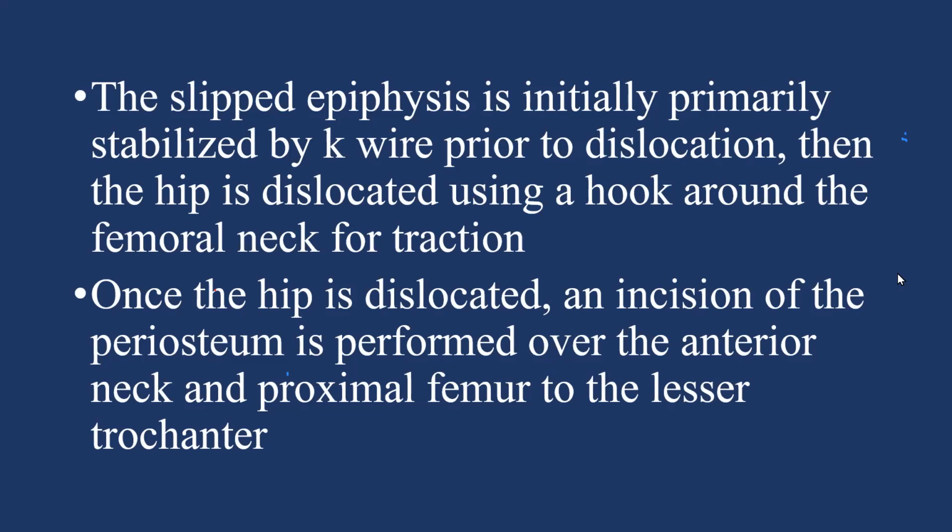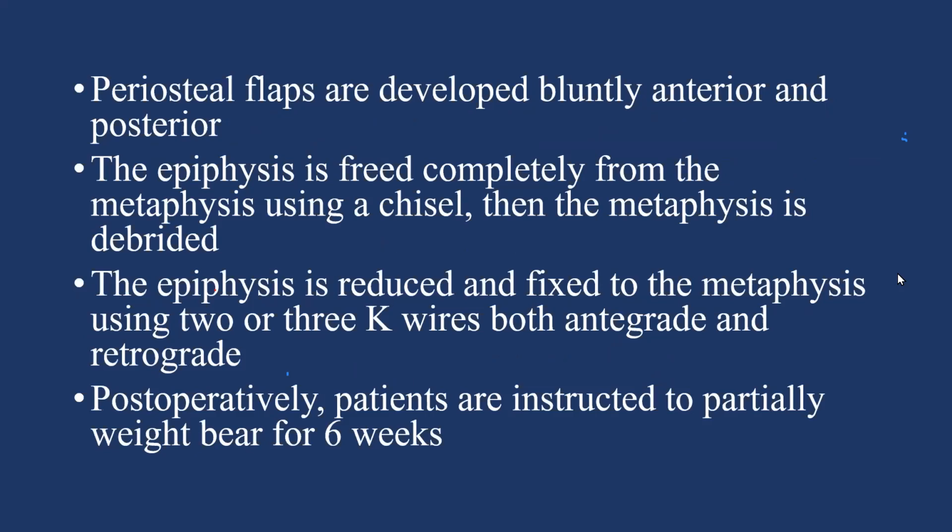Once the hip is dislocated, an incision of the periosteum is performed over the anterior neck and proximal femur to the lesser trochanter. Periosteal flaps are elevated bluntly, anteriorly and posteriorly. The epiphysis is freed completely from the metaphysis using a chisel. Then the metaphysis is debrided.